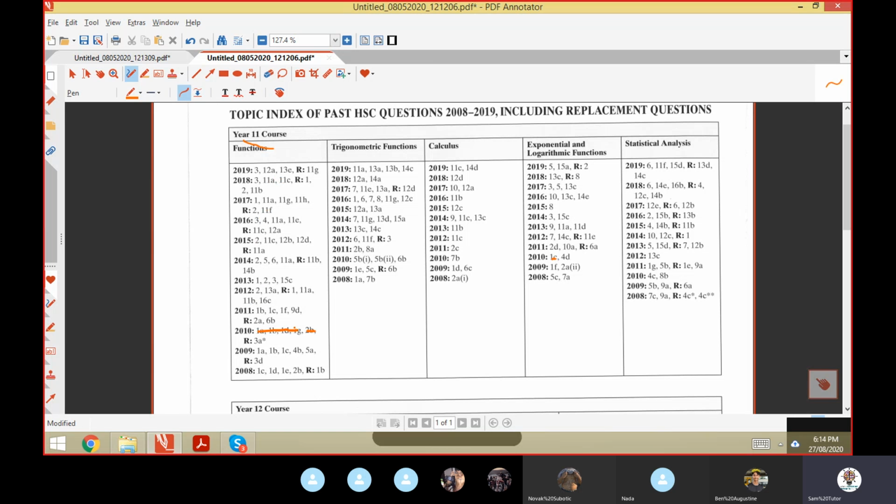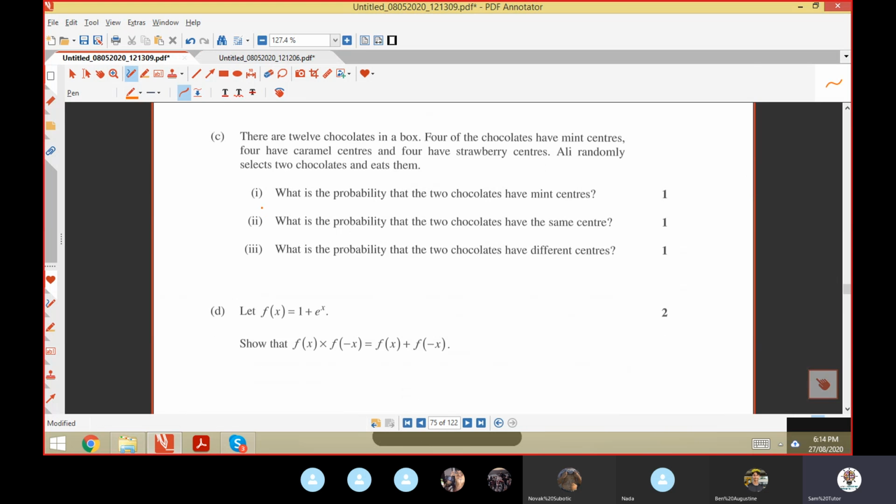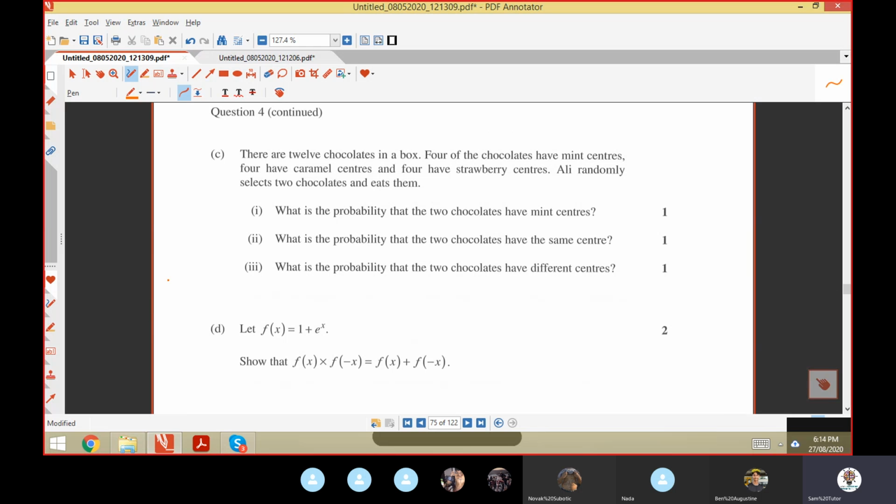Does that make sense? I was reading 2010, question 4D, 2010, 4C. So I'm going here, question 4C and 4D. Those two, you must be able to answer at year 11 level. So let's start with C. And then of course, if you can, do D.